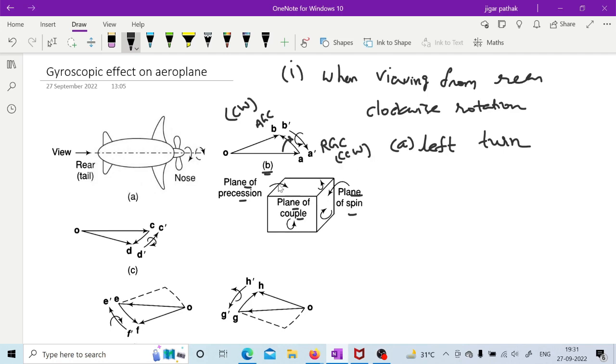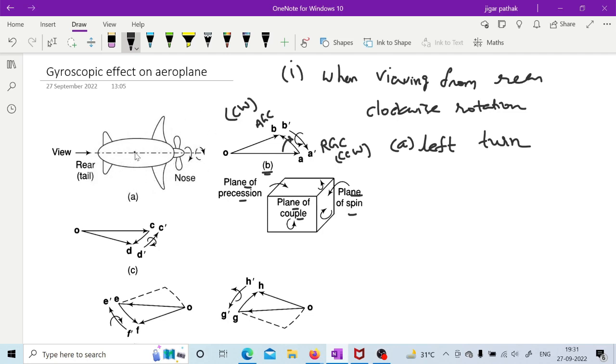What is going to happen if it is counterclockwise? The torque is going to act about the third axis, as we have discussed. If you can imagine, a counterclockwise couple is going to act on your aeroplane while taking a left turn, right?